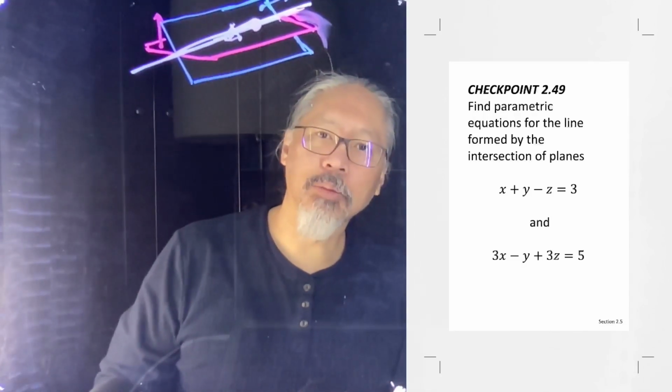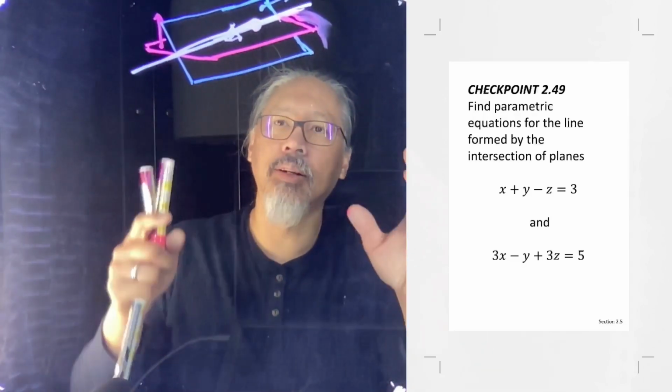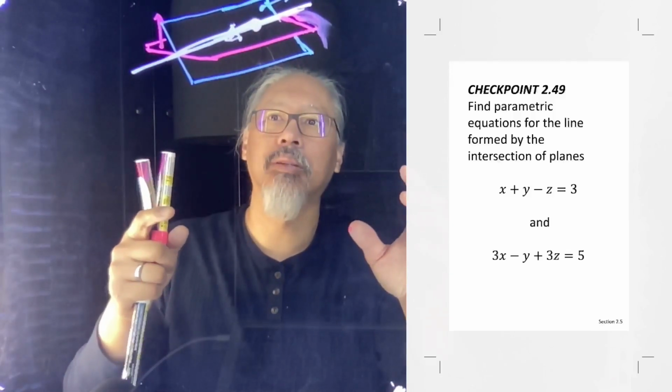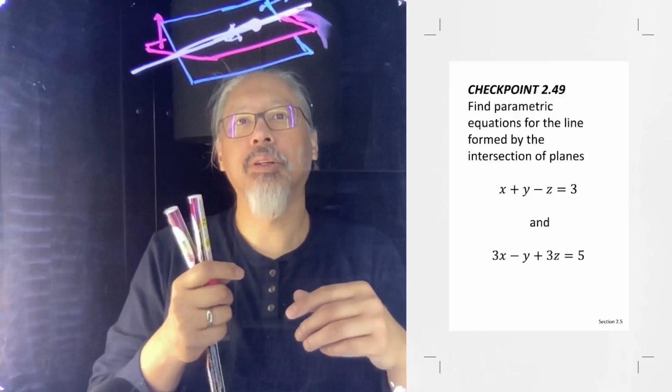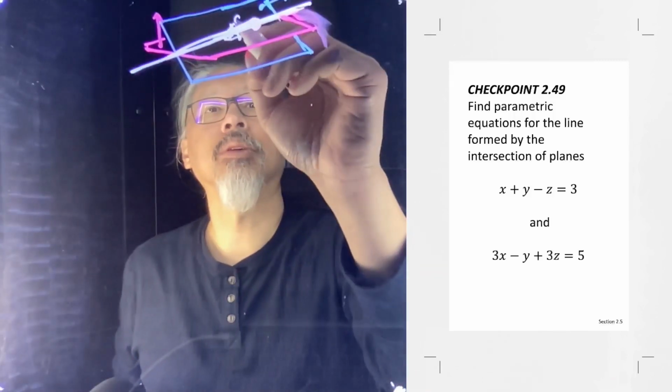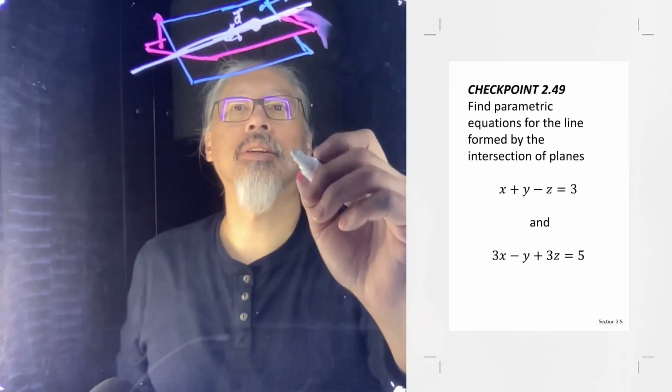When we cross those two normal vectors, we're going to get the direction that we're looking for, the d vector.